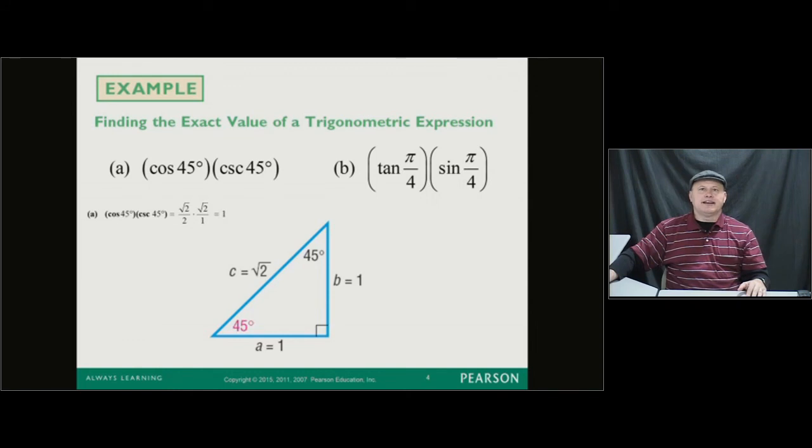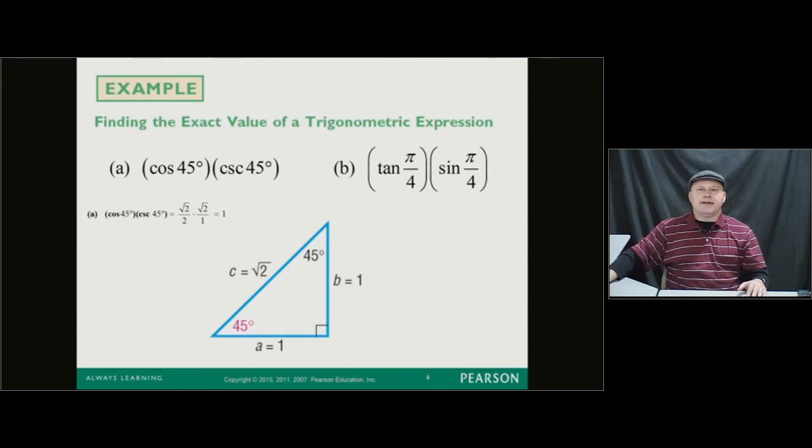And then the cosecant is square root of 2 over 1, because remember the sine of 45 degrees is 1 over the square root of 2, and so the cosecant is its reciprocal. And if you do the math, square root of 2 times the square root of 2 is the square root of 4, which is 2, and then 2 times 1 on the bottom is also 2, and so that gives you the value of 1.